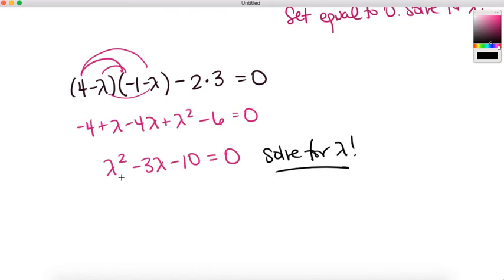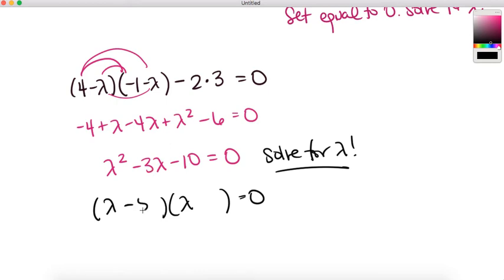What's really nice is that this is just a quadratic equation. When you have a 2 by 2, it turns out to be a quadratic equation. You can factor or use the quadratic formula. Here we are going to factor. Lambda squared, we get a lambda out front in each one, and we need numbers that multiply to be negative 10 and have a difference of 3.